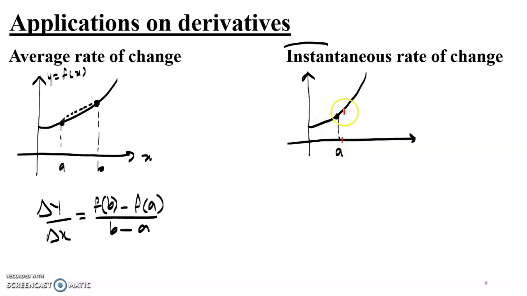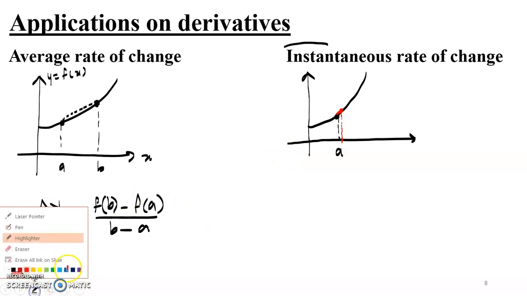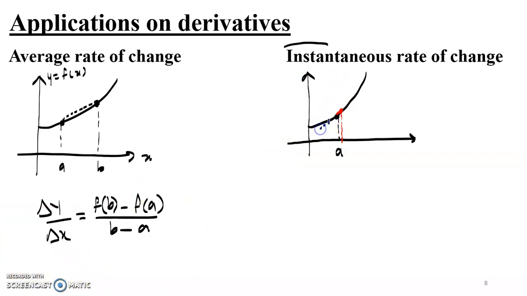If I consider a very small increment and determine the average rate of change between these two infinitely close values, the average rate of change being the slope of the segment joining them, you'd notice that because these two values are extremely close, that very small segment has a slope almost equal to the slope of the tangent at that specific point, and the slope is in fact f prime of a.